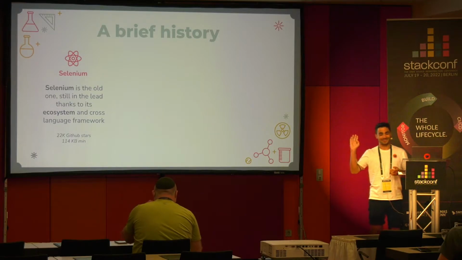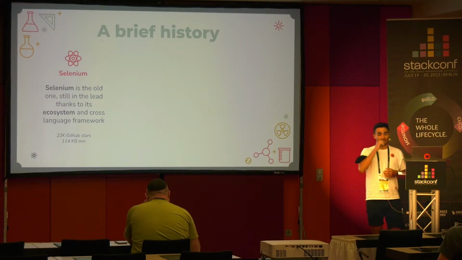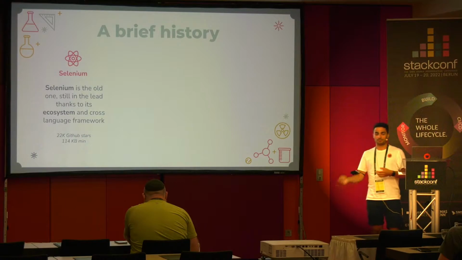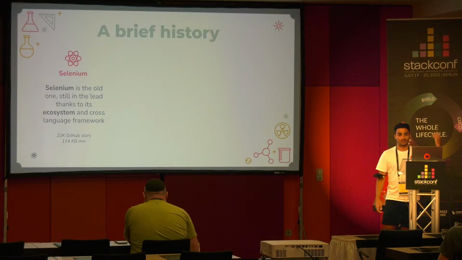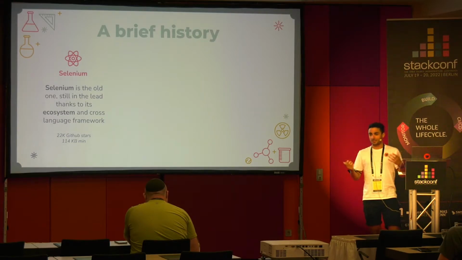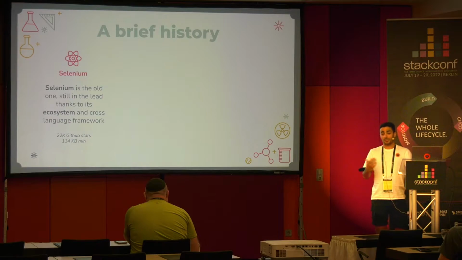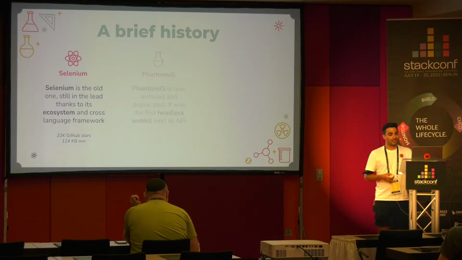OK, that's pretty famous. Also because it's the oldest one. The SDK is written in Java, but also there is a wrapper for JavaScript, for Node, for Python, and so on. So it was the leading software for this kind of job. And also the ecosystem that is behind is really powerful, especially in Java.